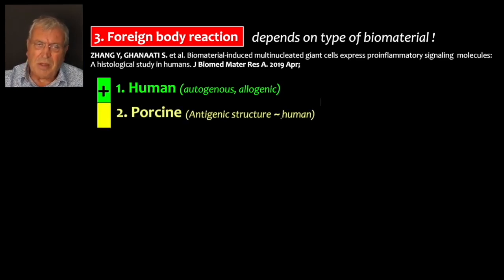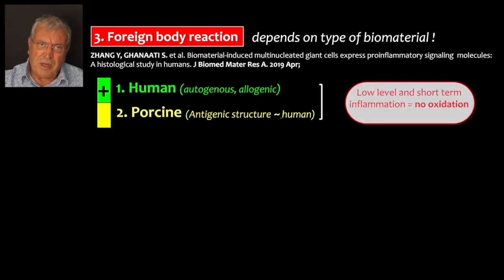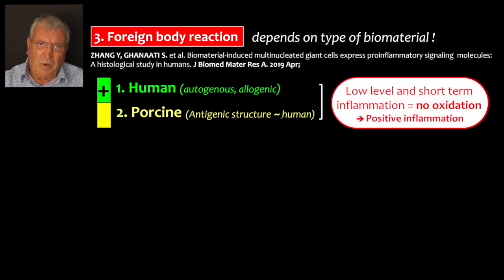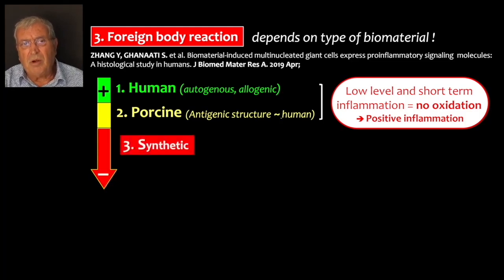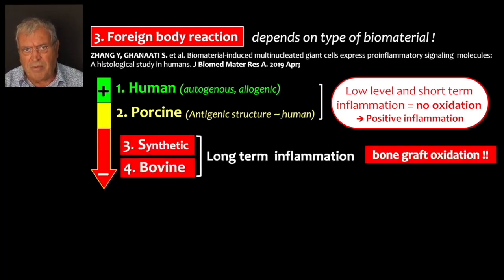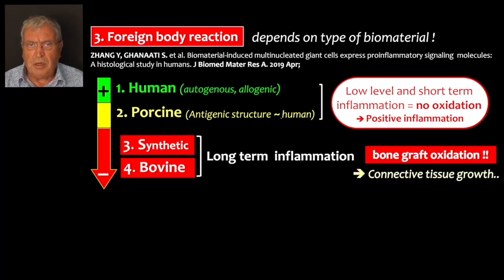But today we know that even if we use porcine, we will have a low level and short-term inflammation. Then we have a positive inflammation without oxidation. But if we use less compatible material such as synthetic or bovine, we will induce a long-term inflammation. And then into the graft, we will meet oxidation.